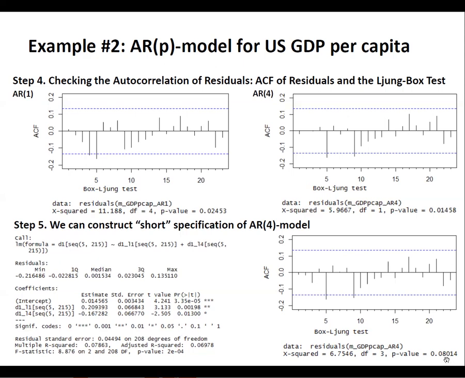Usually here the p-value for the exact absence of autocorrelation should be greater than 0.1. 0.08 is already something you can work with. That is, in this way, by reducing the number of insignificant parameters, it is quite possible to increase the reliability of the fact that there is no autocorrelation in the residuals of the model.